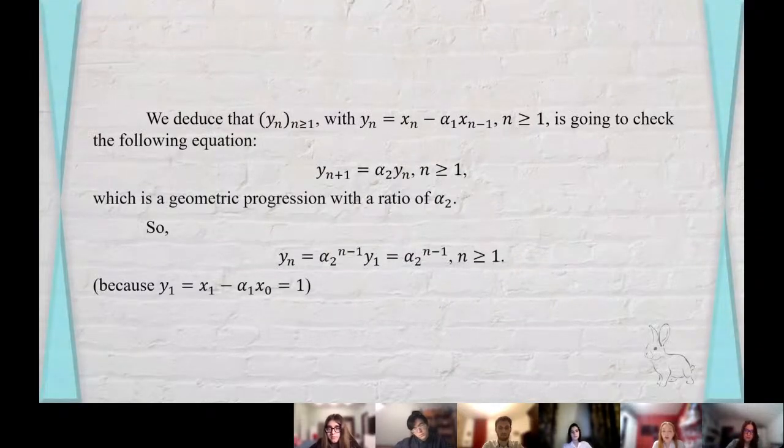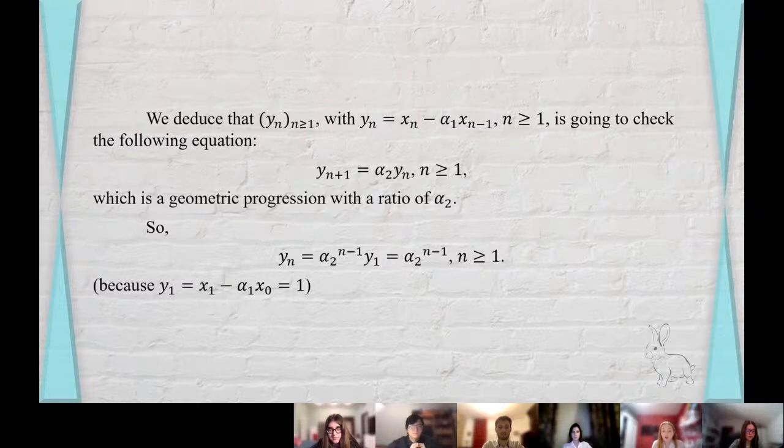We deduce that y n, for n greater or equal than 1, with y n equal to x n minus alpha 1 multiplied by x n minus 1, is going to check the following equation: y n plus 1 is equal to alpha 2 multiplied by y n, for n greater or equal than 1, which is a geometric progression with ratio alpha 2.